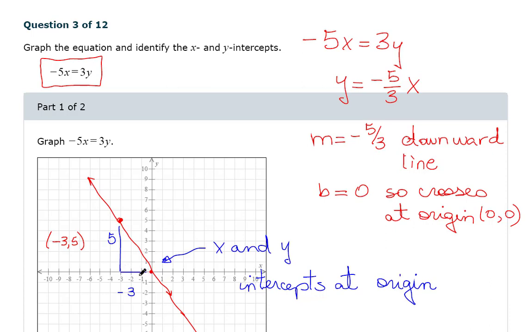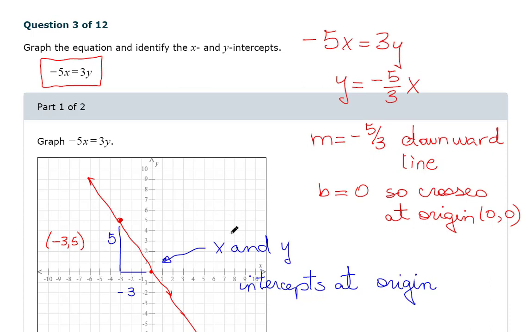Now, another way, if you didn't see that, is just to pick a nice point. I could pick a value to plug in here, and an easy thing to plug in would be minus 3, because minus 3 would cancel this. Minus a minus is positive, putting this point at minus 3, 5.